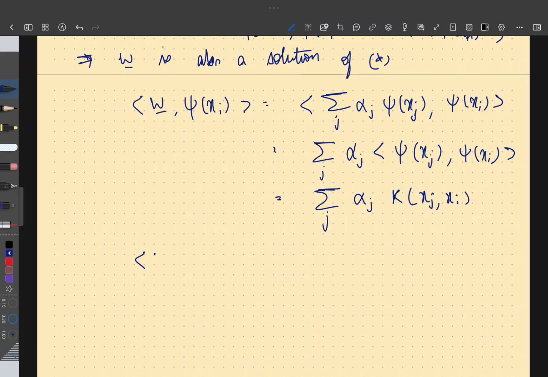And the norm of w square is summation over all i, summation over all j, alpha i alpha j k of xi xj.